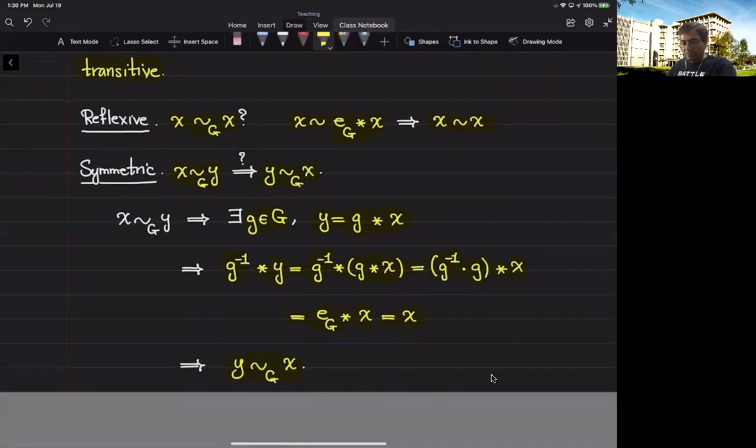So this shows that G-similarity is a symmetric relation.